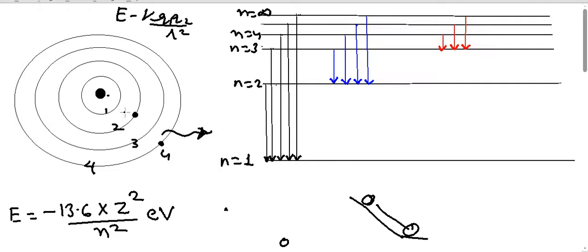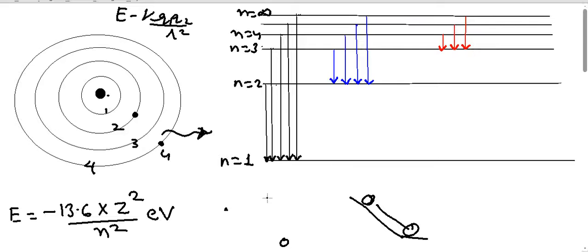This has been represented by these lines. n equal to 1 has the lowest energy level, n equal to 2 has a higher energy level, n equal to 3 has more energy, n equal to 4 has more energy, and so forth. Whenever an electron jumps from the second orbital to the first orbital, light will be emitted. Similarly, whenever it jumps from third to first, or fourth to first, energy will be released.